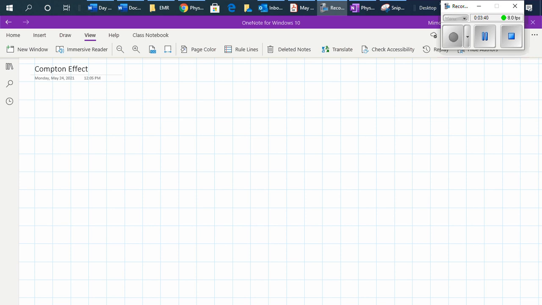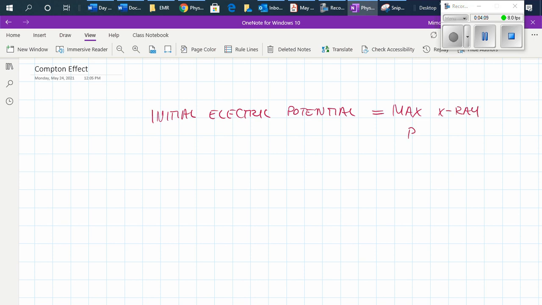Using the principle of conservation of energy, we can say that the initial electric potential is equal to the maximum X-ray photon, because it is just an X-ray. Since it is an X-ray, then it is a photon.